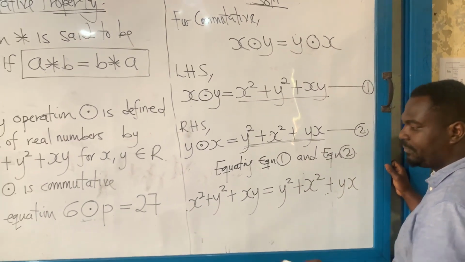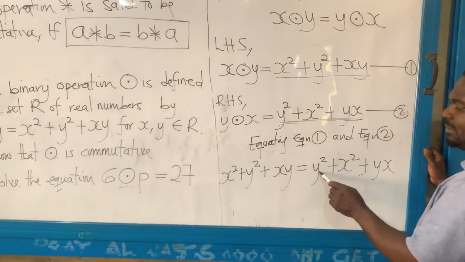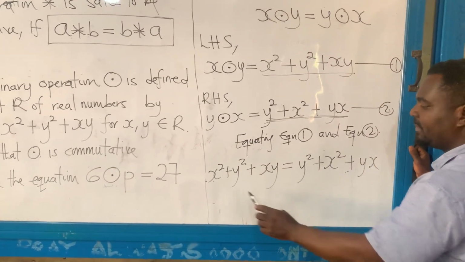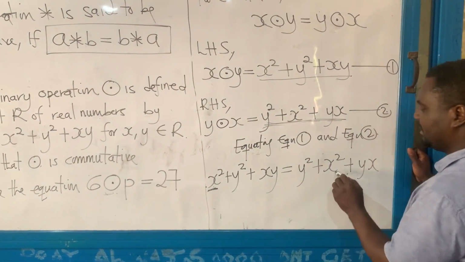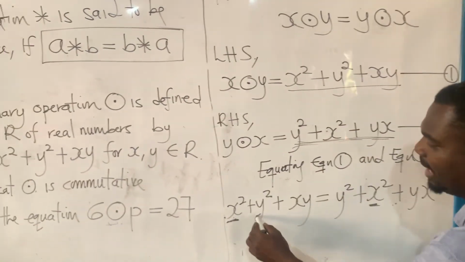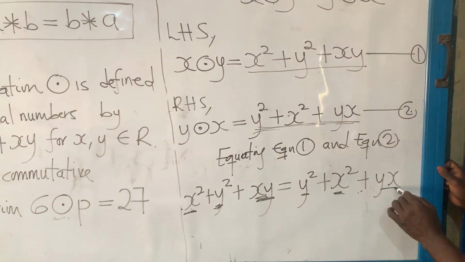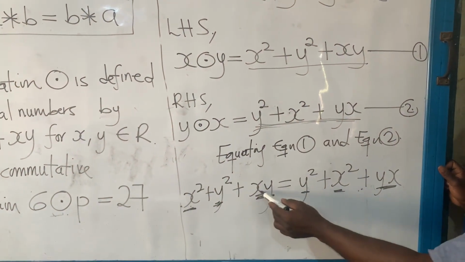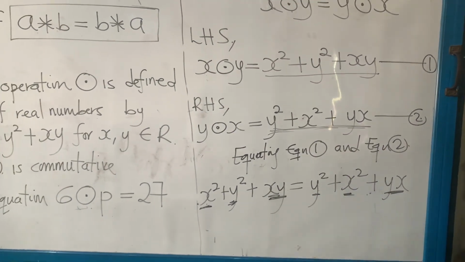So watch here. The same x squared is at your left side, the same y squared is here, and xy is the same as yx, because multiplication is commutative.